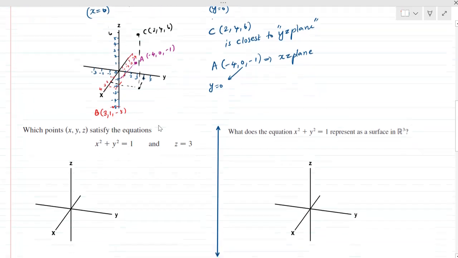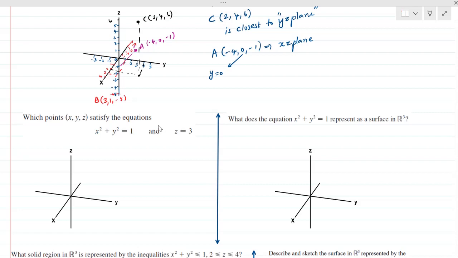Now the next one, which set of points satisfies the equation x square plus y square equals 1 and z equals 3? So x square plus y square equals 1 is a circle, a circle in 2 dimensions.